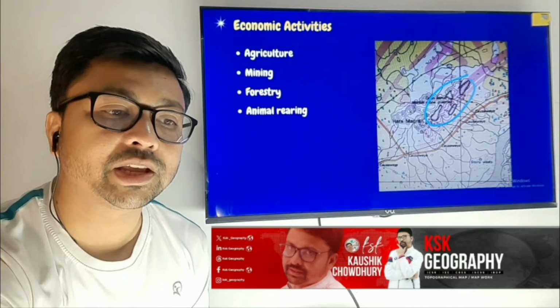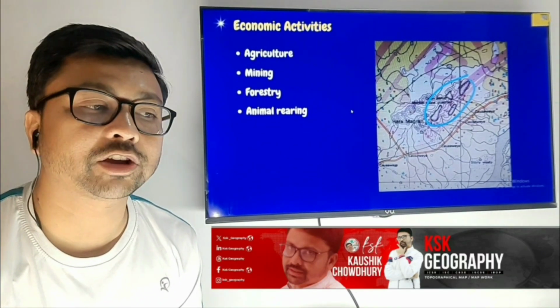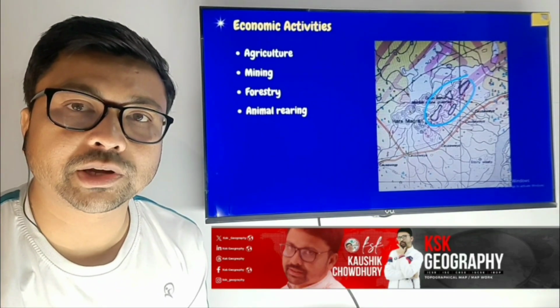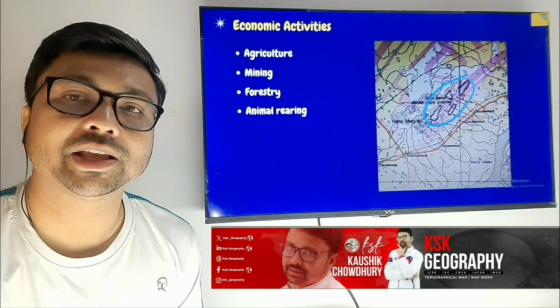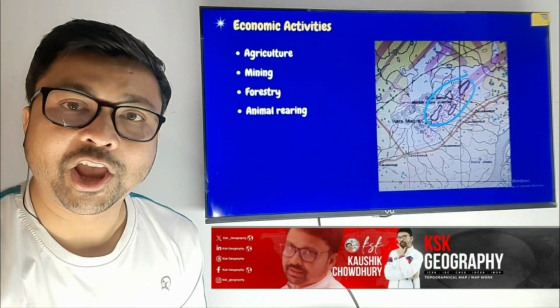Next, forestry. If you see green color patches, it means forestry is the main economic activity there. And animal rearing. If you see a veterinary hospital or open scrub, that indicates animal husbandry is the main economic activity over that area.